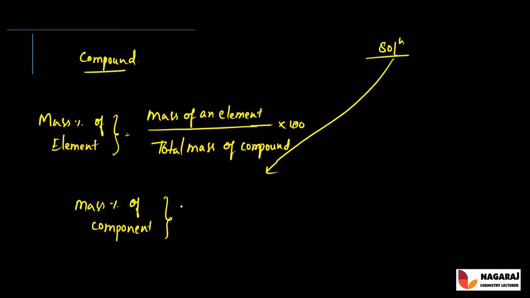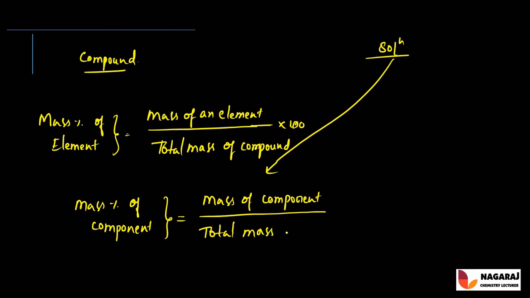So the mass percentage of the component is always equal to the mass of the component divided by the total mass of the solution into 100, right? So there are two types of mass percentage formulas.